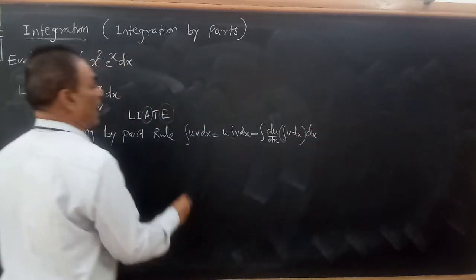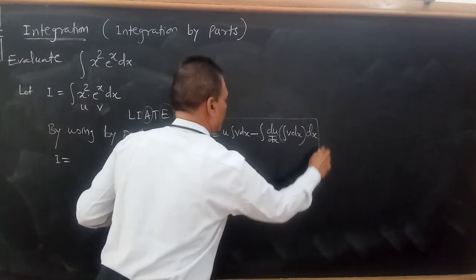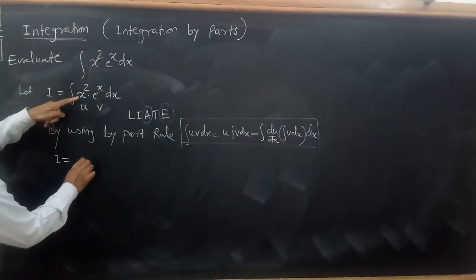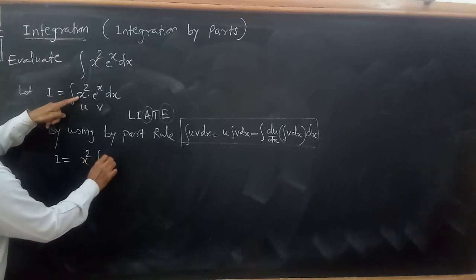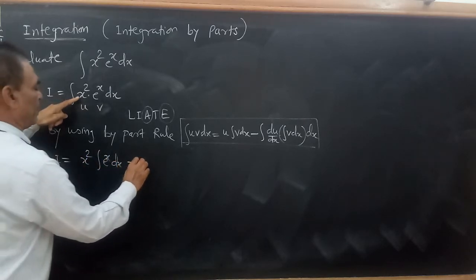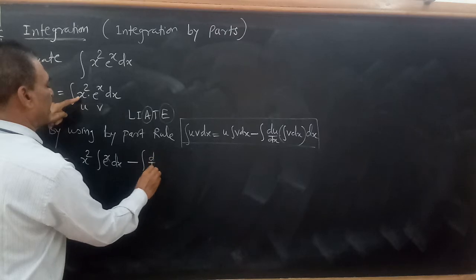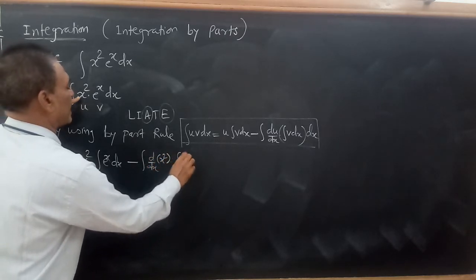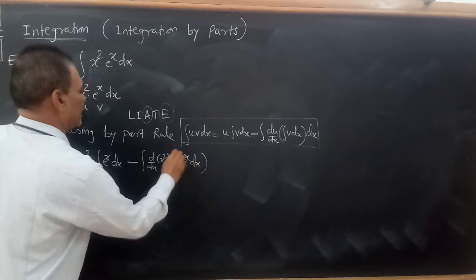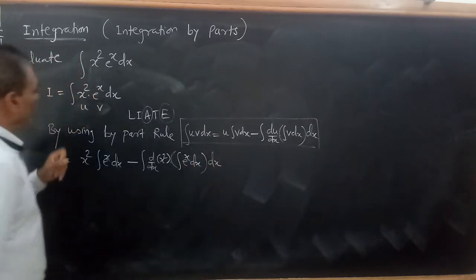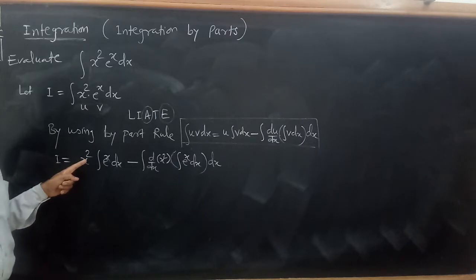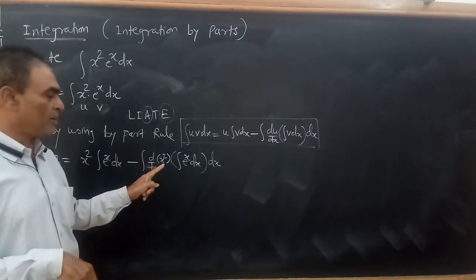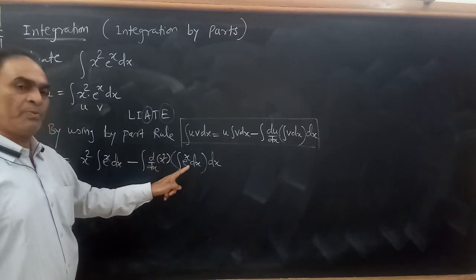As per this rule, you can write down first function as it is, integration of second function into dx minus integration of derivative of first function into integration of second function into dx.